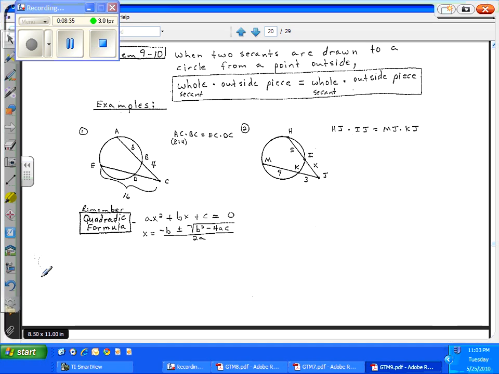Let's look at the second example. We have two secants to a circle from a point outside. So this whole secant, 12, times its outside piece, 3, is equal to this whole secant. How would you get that? You'd have to add the pieces, 5 plus x, times its outside piece, x.